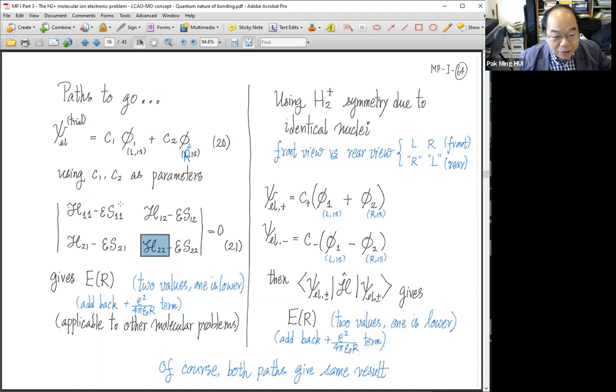Then you need to calculate this S11, that is this times itself, integration. Then S12 is the left-centered 1s and the right-centered 1s, this and that, do the product, integrate over all space.